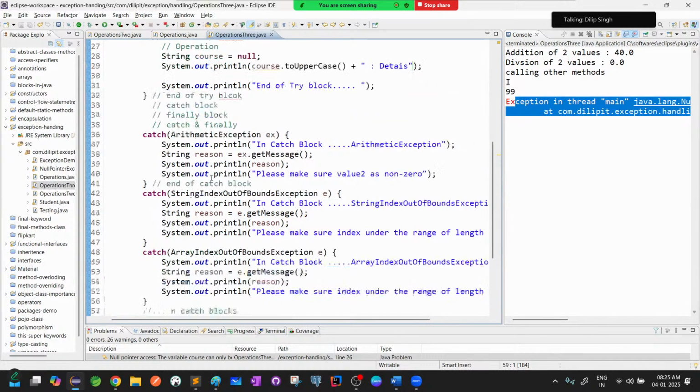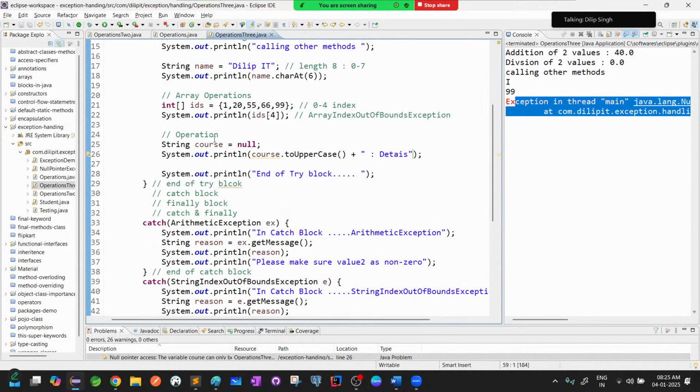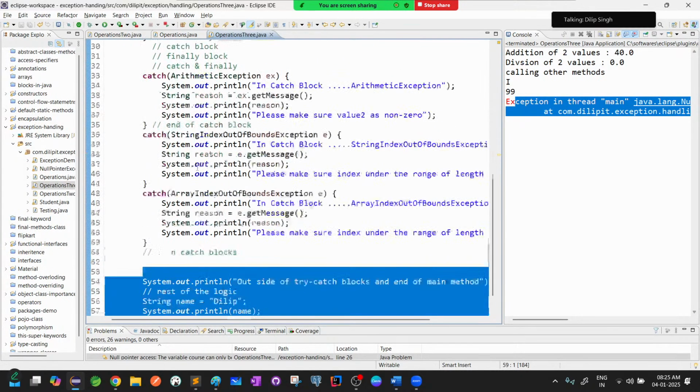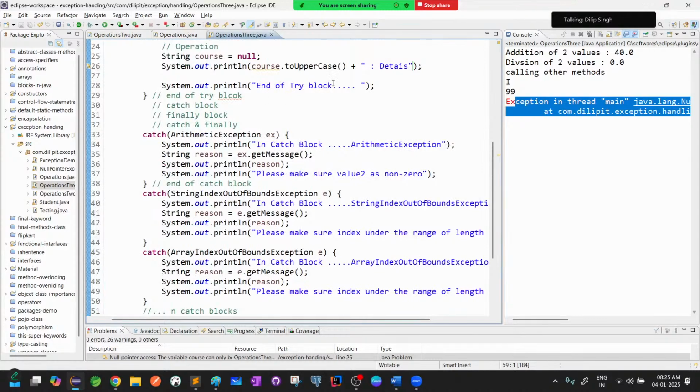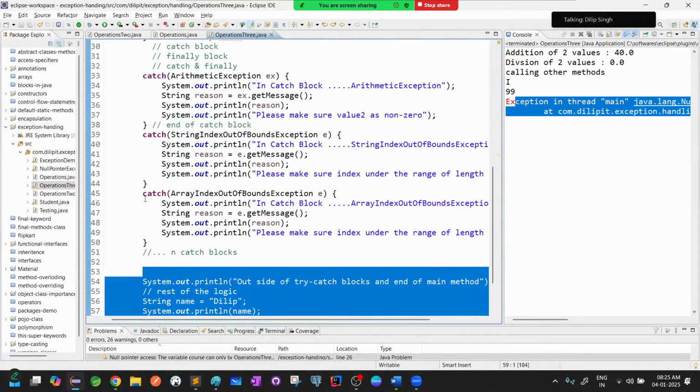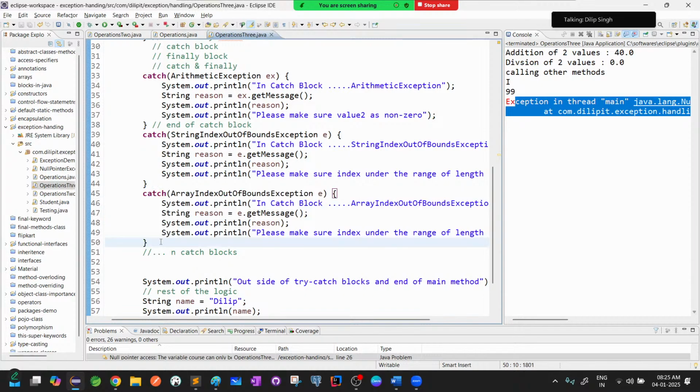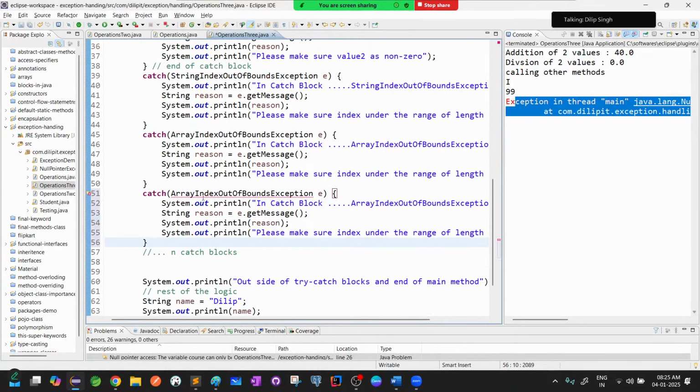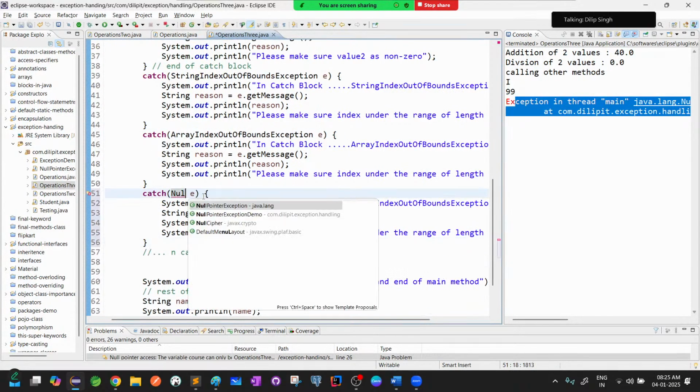So that means your solution is what now? You will say, sir, add one more catch block with null pointer exception, so that even though a null pointer exception comes, that is also handled. Yes, that is right. So I'll take null pointer exception here.